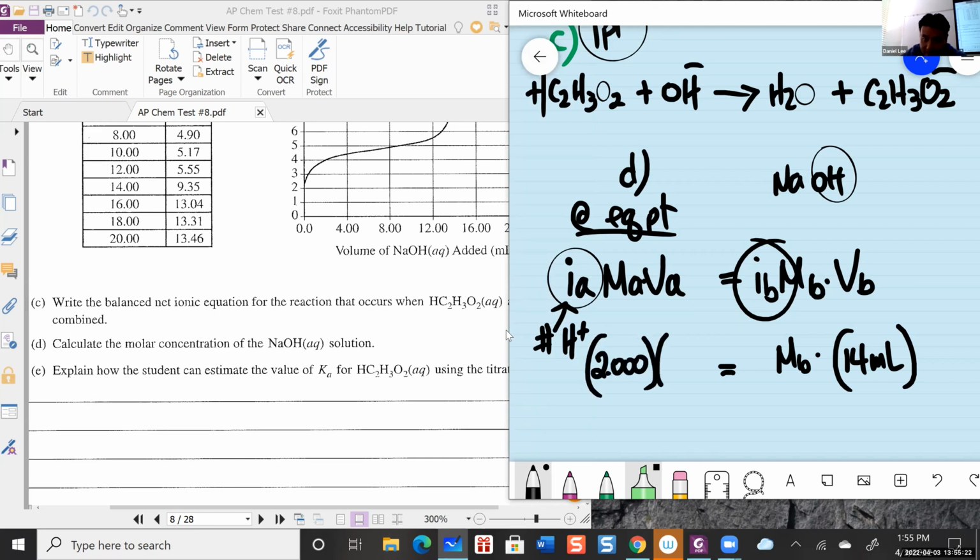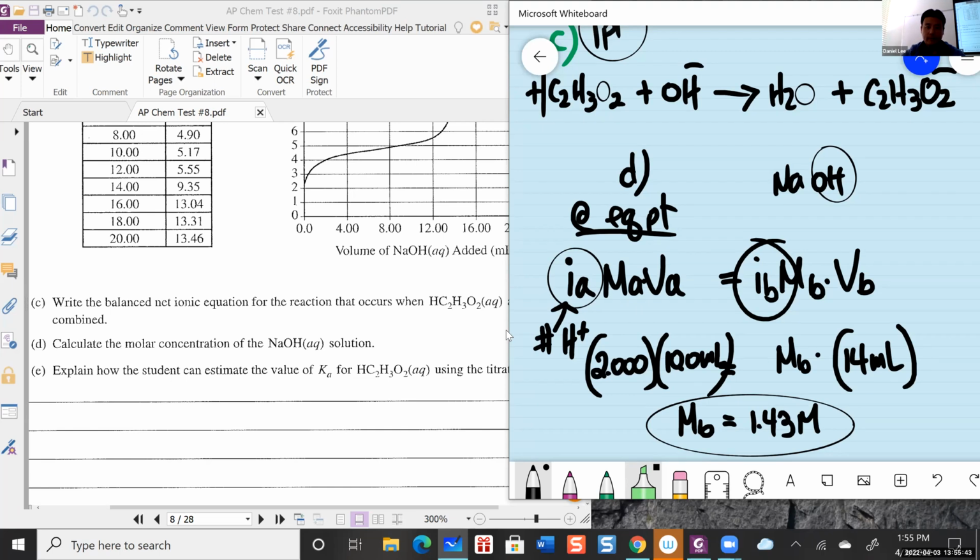Okay, so this is the molarity of the base. So if you multiply it out, what do we get? The molarity of the base is 1.43 molar. Okay, all right.